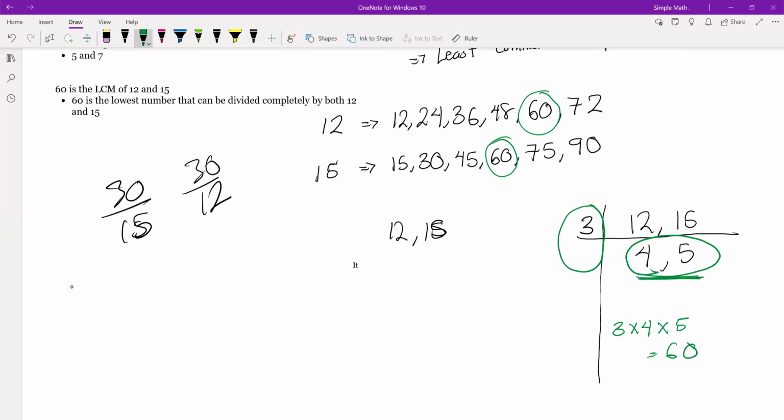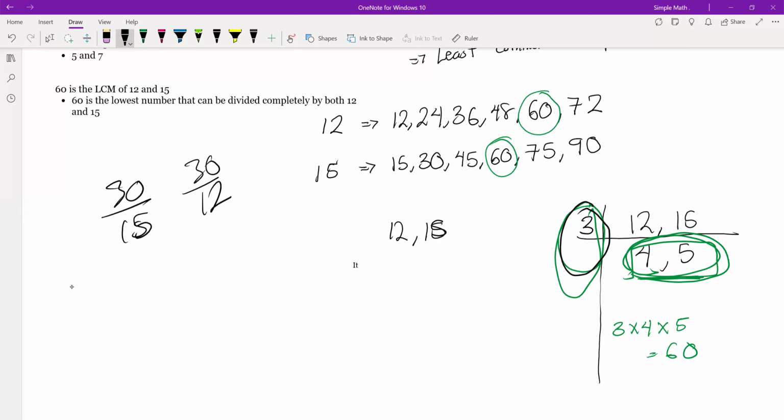Very simple. The LCM of 12 and 15 is 60. This one is very fast. All we have to do is keep dividing until we can't divide anymore. Now if we're asked to find the HCF of 12 and 15, we can still use this same table, but we only use the numbers outside.